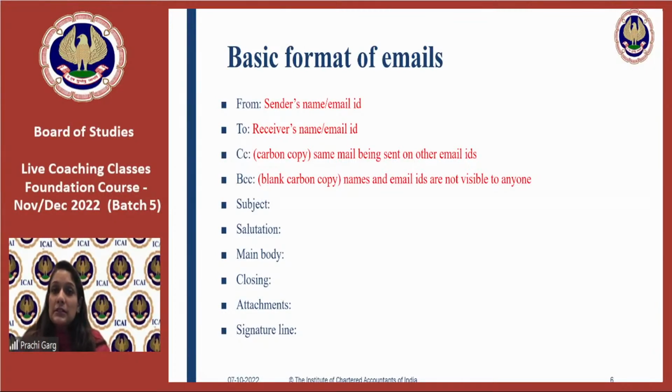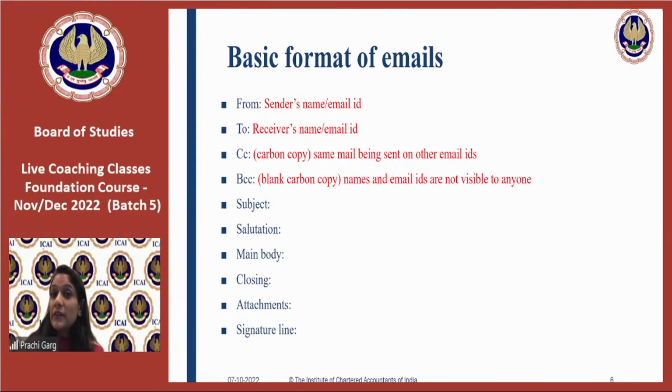Then comes the CC, which is the carbon copy. Carbon copy is, as the name suggests, when you mark people in the CC corner, everybody will receive the same email on their own email IDs. The receiver can see who all has received this same email.